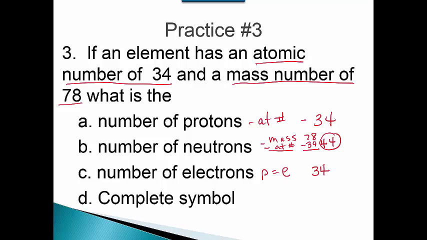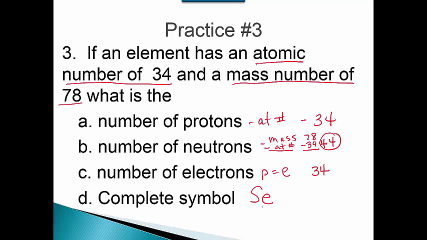And then we need to complete the symbol. To complete the symbol, we would need to know what the letters are off the periodic table. So if you take a look and find atomic number 34 on your periodic table, some boxes are only one letter, some of them are two. This one happens to be two. It's a capital and a lowercase.